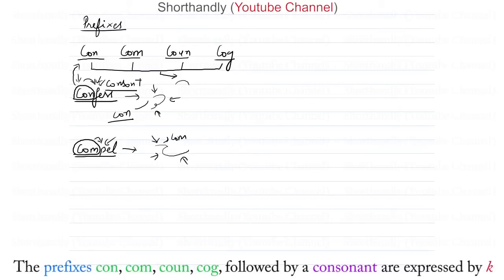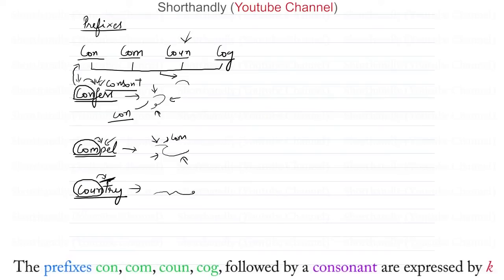Let's take another word like country. Now see, this part is our coun prefix, and after that we have this t. Of course t is a consonant, so we can make this country word simply like this.